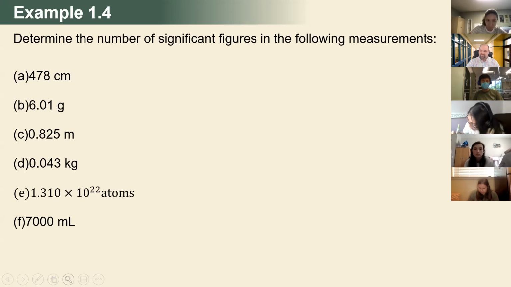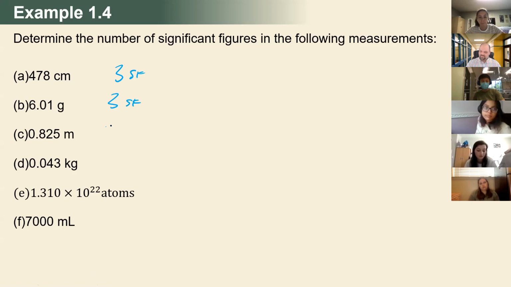They're all non-zero. Julia. 3. Rosie, the next one, just yell it out. 3. Next one. 3. Do the next one. 2. The next one. 4. Excellent. The last one. 1.